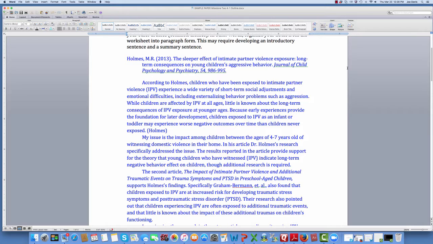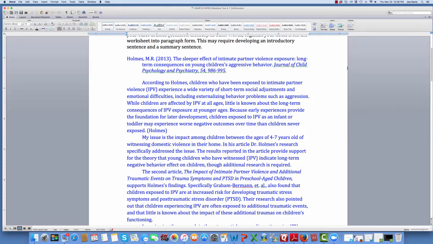Now, looking at that first paragraph, according to Holmes, children who have been exposed to intimate partner violence, IPV, experience a wide variety of short-term social adjustments and emotional difficulties, including externalizing behavior problems such as aggression. While children are affected by IPV at all ages, little is known about the long-term consequences of IPV exposure at younger ages.